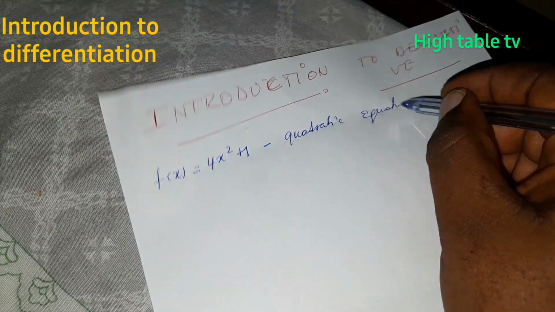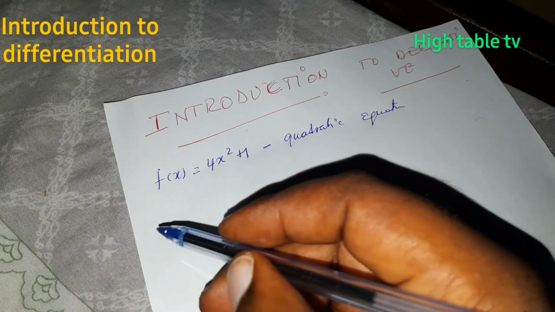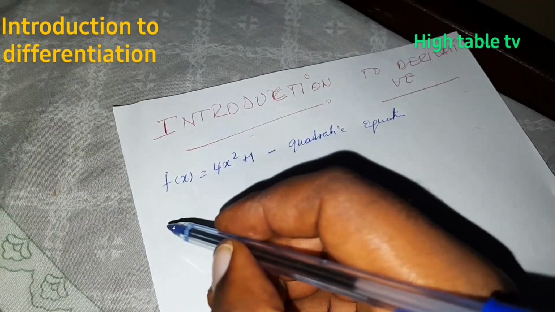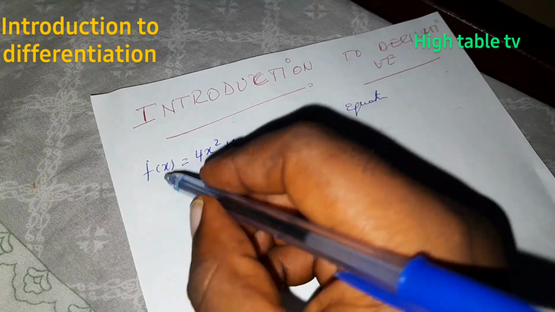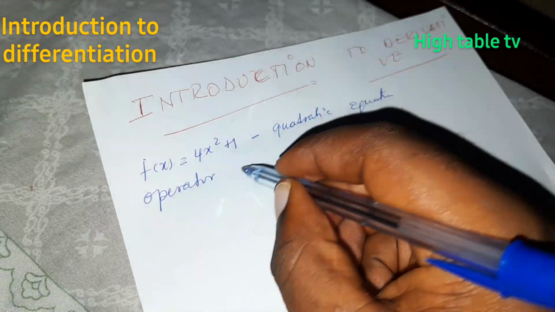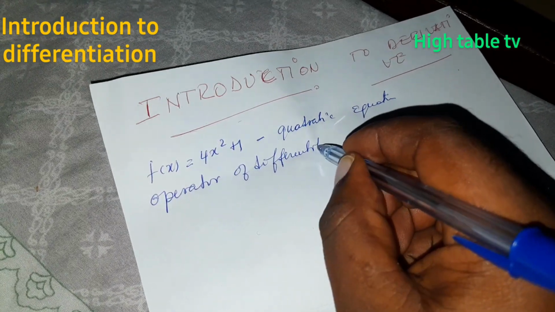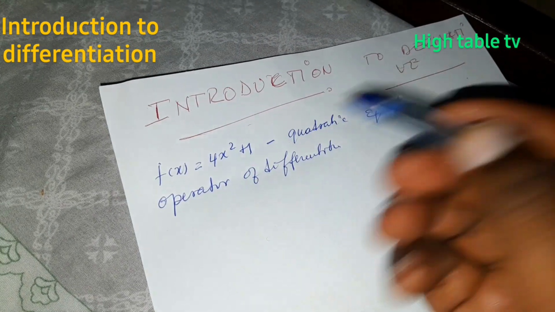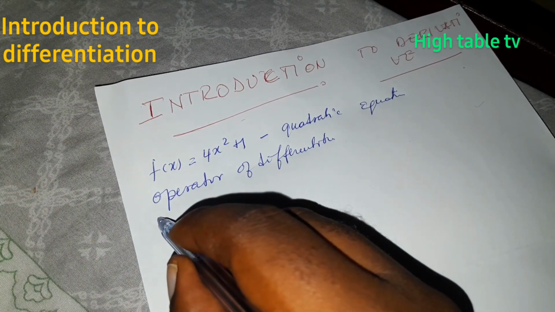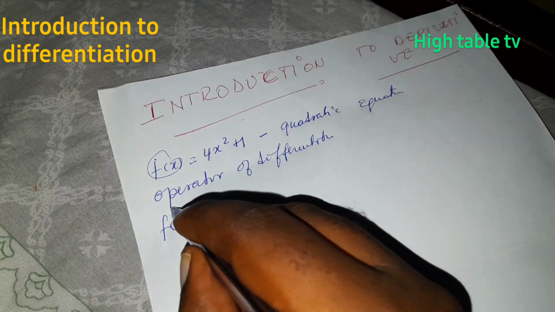Then, by referring to the derivative, we have some different operators. Those can be taken as the operator of differentiation. This operator of differentiation can be written in different forms. For example, for this function, you can have f prime of x, or y prime, where this y is the function f of x.